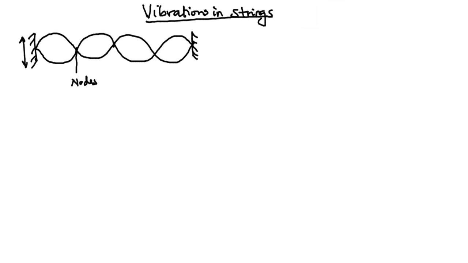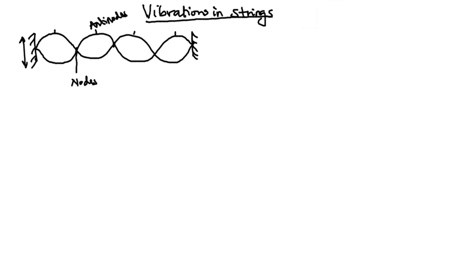And then you have points that have the maximum movements, like these points, like this point, like this point, like this point. They are called the antinodes. Okay, and I need us to pay very serious attention to this and also note it that these points are called nodes and these points are called antinodes.